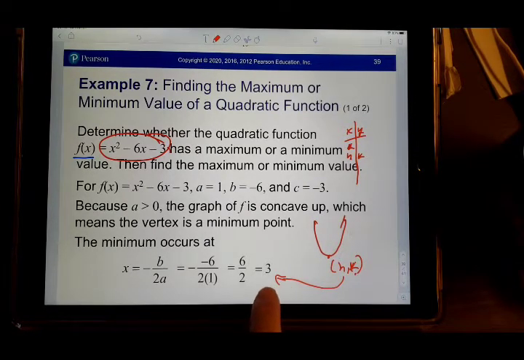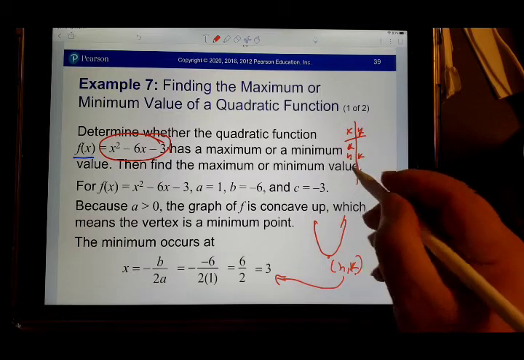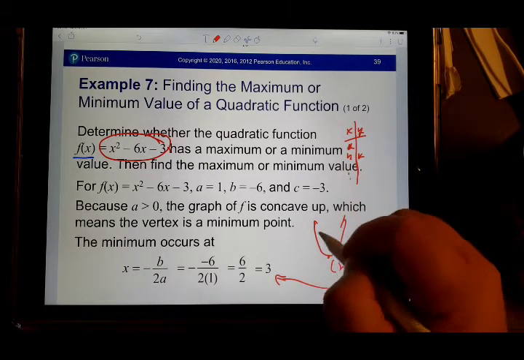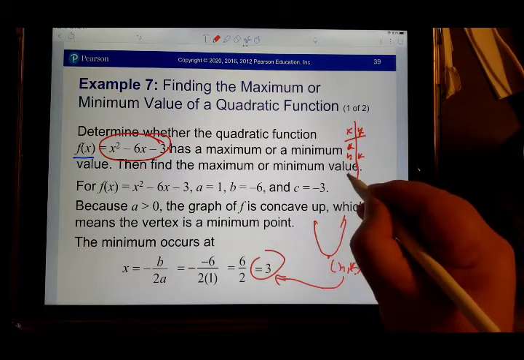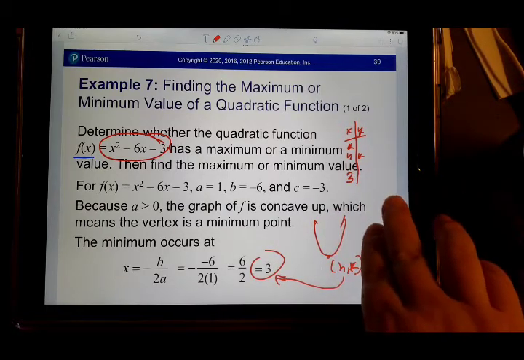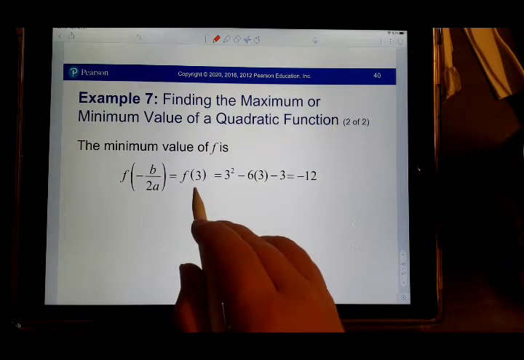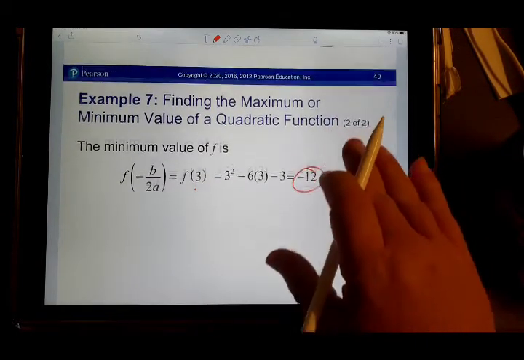3, I will calculate the answer, and I'll get negative 12.